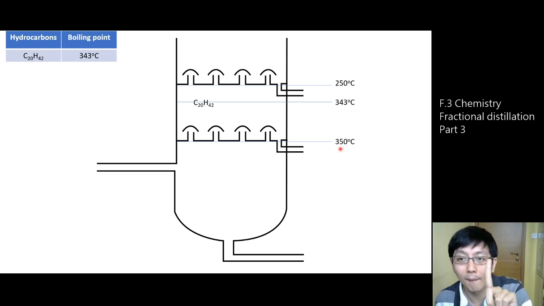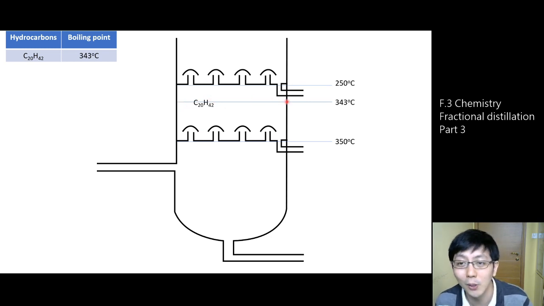For the upper part, because it's further away from the furnace, it is cooler. So imagine if this layer is 350 degrees Celsius, this layer is cooler, 250 degrees Celsius. There must be one position in between where it is 343 degrees Celsius.